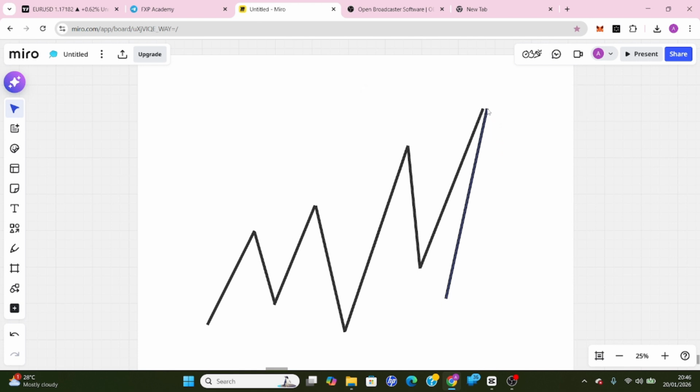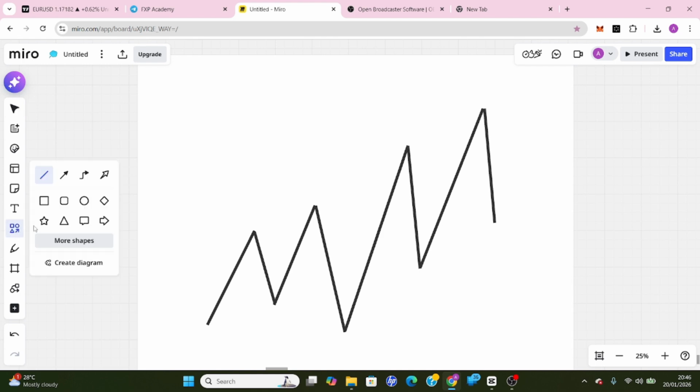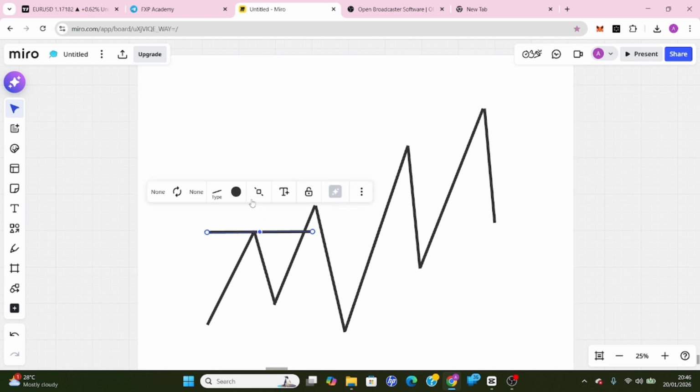That pullback you are going to see, you cannot take it as a reversal or as a bearish trend, because the market is breaking structure to the upside. So the moment, let me make this one a dotted line. We call this place a break of structure, and this is very important because you can use it to know your direction.